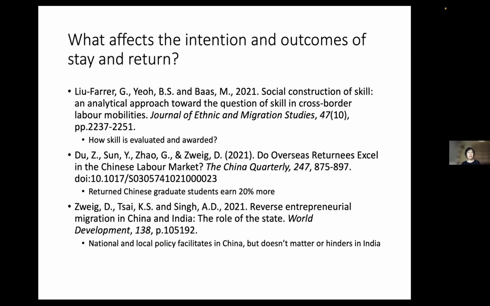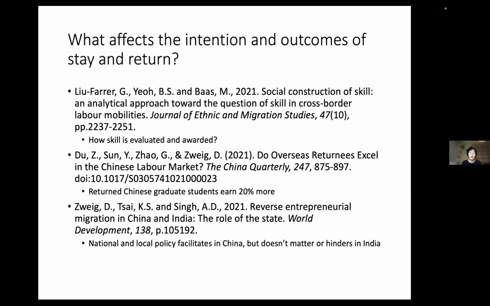However, what affects intention to stay or return, or the outcomes? Brenda, Michael Bass, and I organized a special issue called The Question of Skills. So we gathered a lot of empirical studies on how educated migrants are able to use their skills in the labor market.